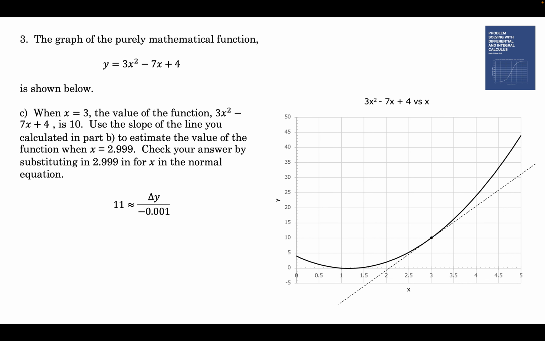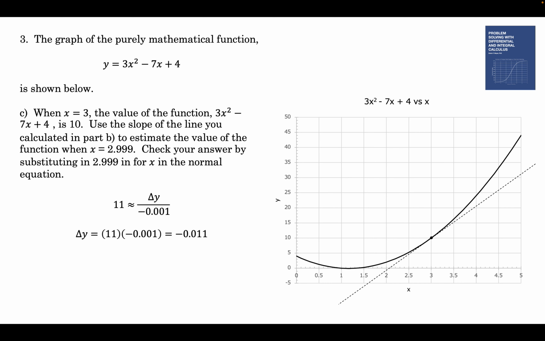So the slope is about delta y over delta x. It's going to be really close because we're going such a small distance away. And delta x is minus 0.001, right? We were at 3 and we're going to 2.999.